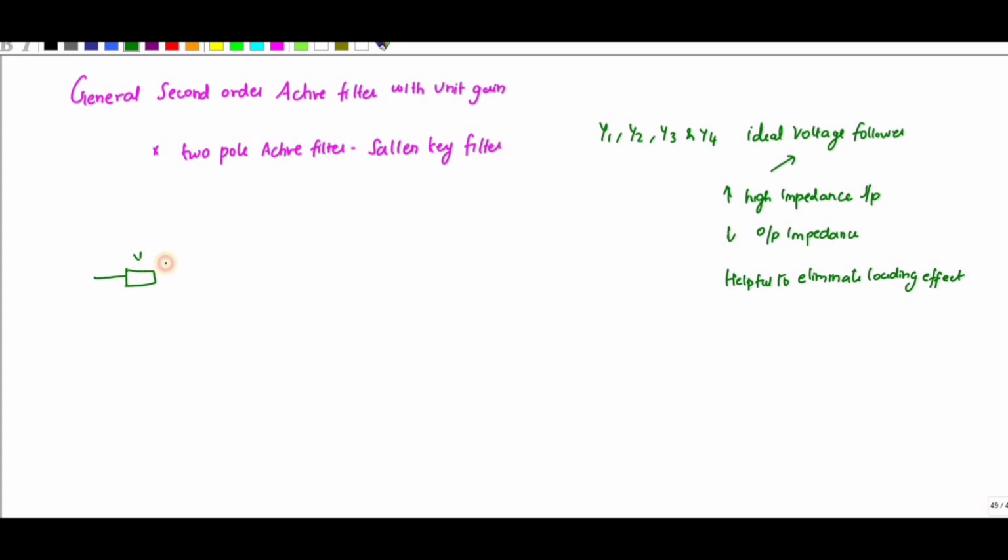So this is your Y1 and this is your Y2. Since the gain is unity, I have connected feedback like this, and this is your Y4.